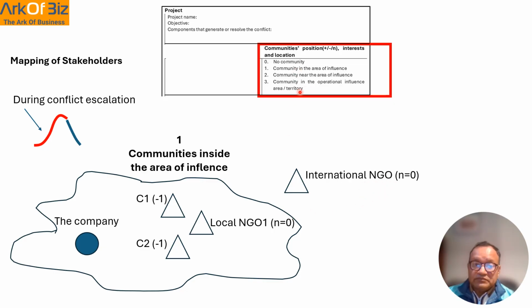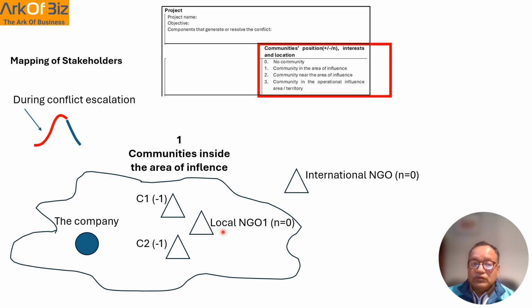Using our value system here in the prompts, the 2 communities inside the area of influence are assigned a value of 1, and the position is negative. We have -1 for each community because they are opposing the company.